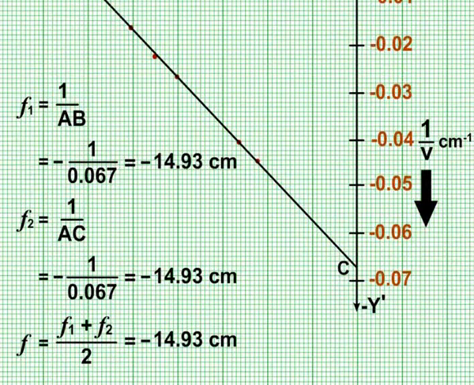Finally, F is the mean of these two values, that is, F1 plus F2 divided by 2, equal to -14.93 centimeter. This is how we present the result.